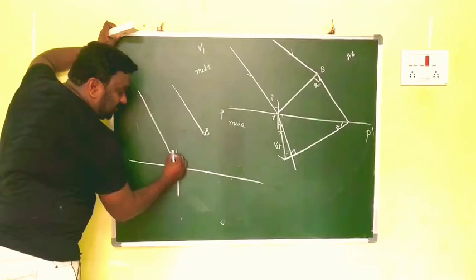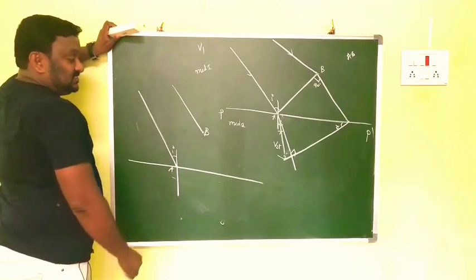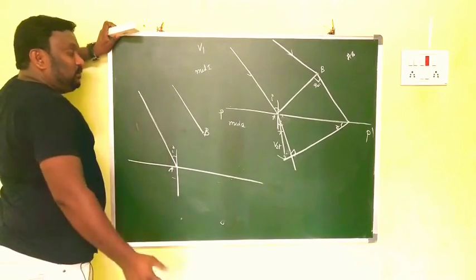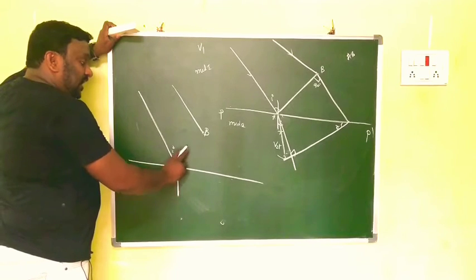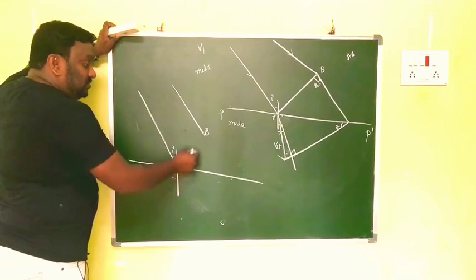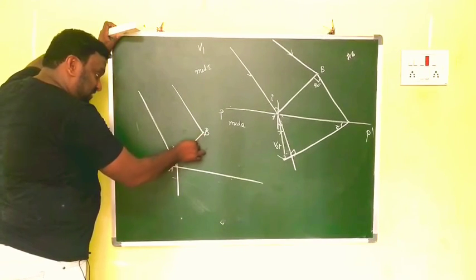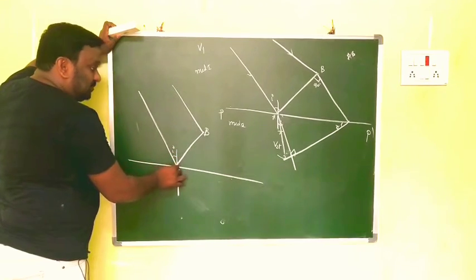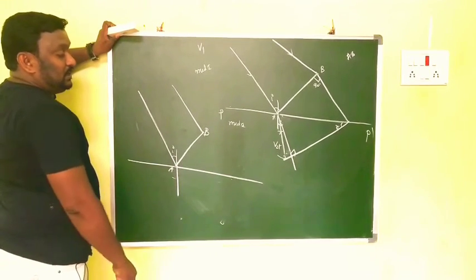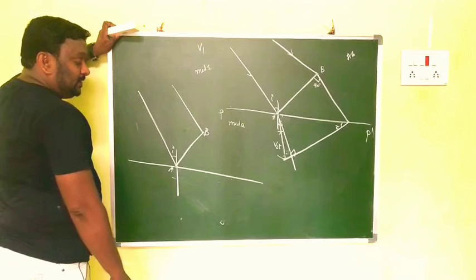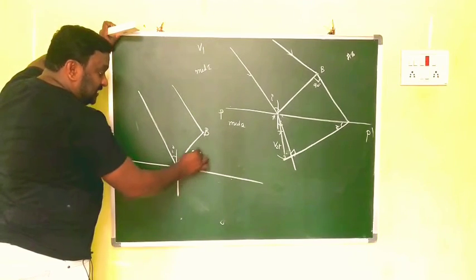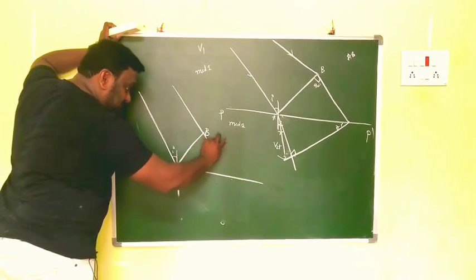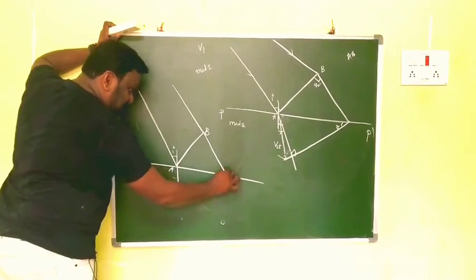That is the angle of incidence. Let us assume this point A and this point B both have the same phase. That's why I am taking AB as the wavefront. After that, there is continuous motion towards the interface.